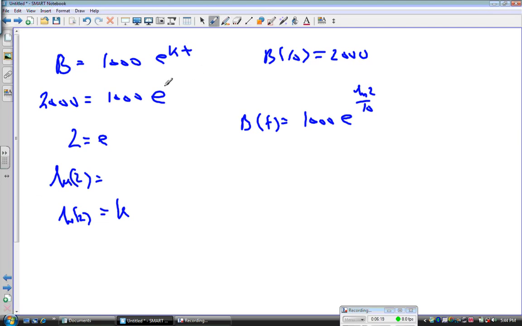Let me correct that. So this is 1/10 of k of ln2 t. Now that's fine, but a lot of times the natural base of e really isn't the natural base in this problem. Couldn't I rewrite it this way?